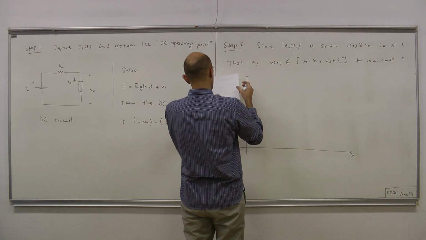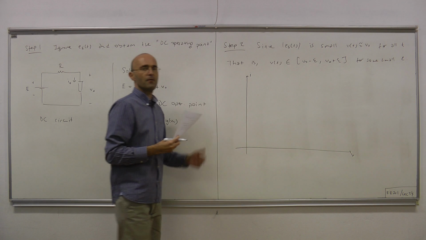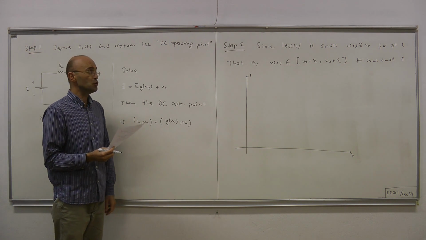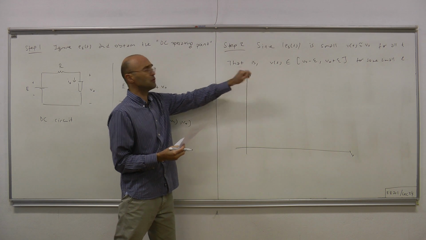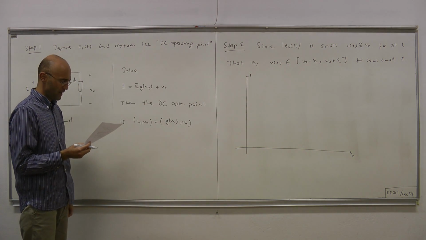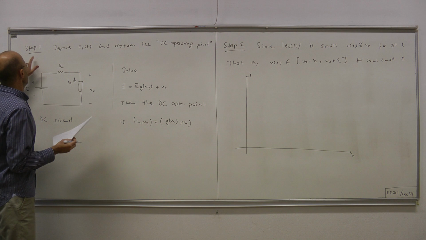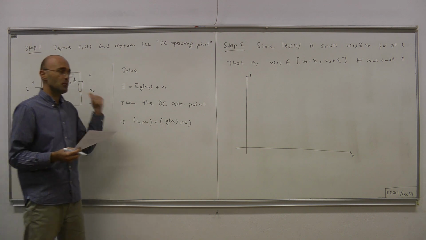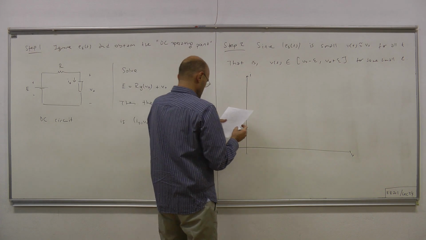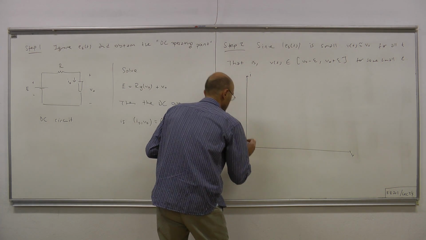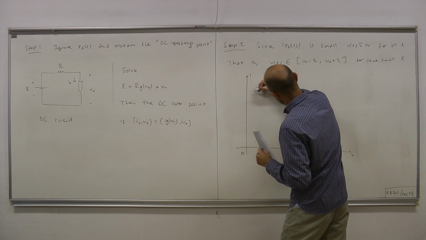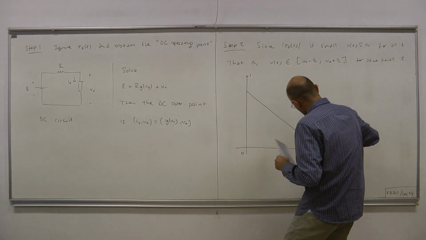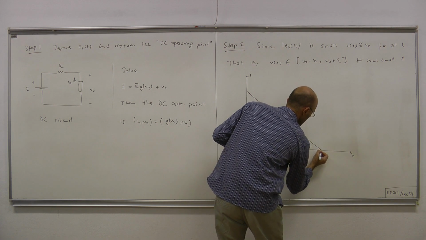This is the IV curve. So let's see what happens to the voltage and current due to that AC component. Now let's first visualize what's going on in step 1 once again. We did this already in the previous lecture. So what we have is the load line.